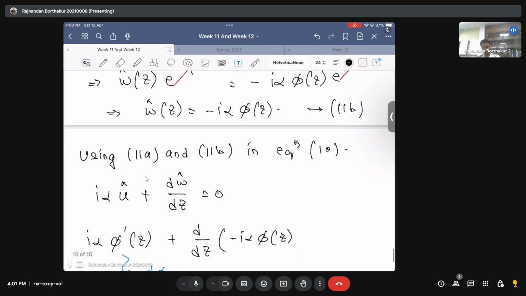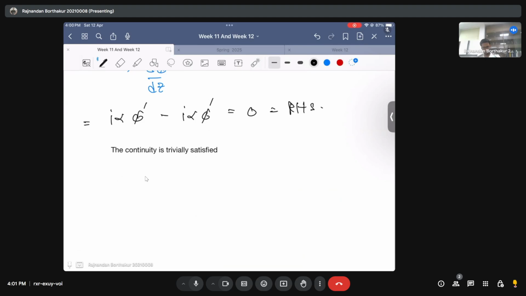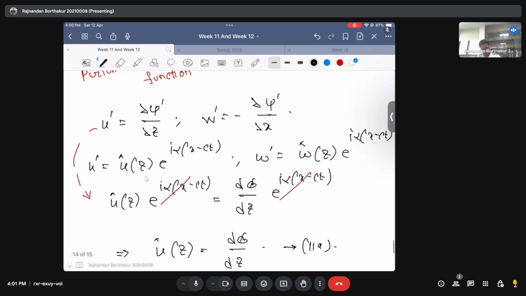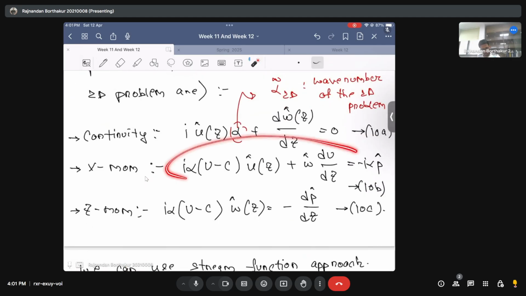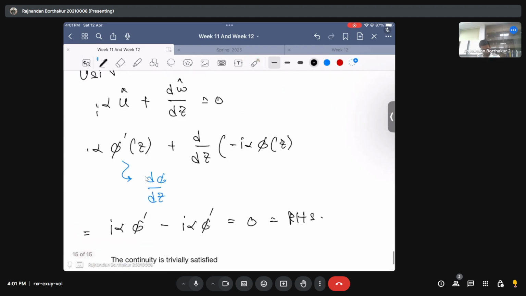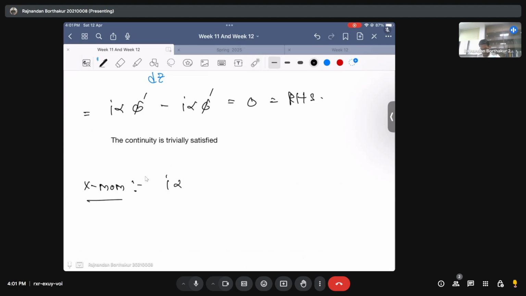Then let's do this exercise for the x momentum equation and see what we get. So the x momentum equation was I alpha times of u minus c u hat plus du by dz. I will write it as u prime just to make things a little bit simpler. And then this is w hat, where remember this is du by dz, and I'm calling it u prime.